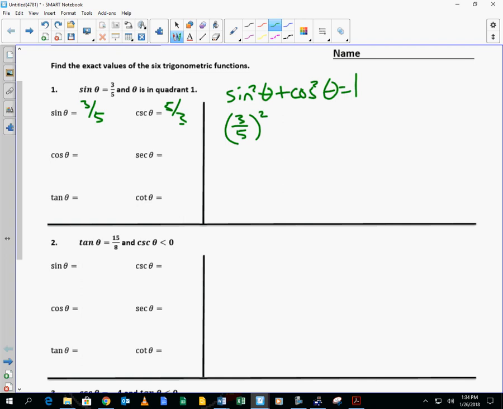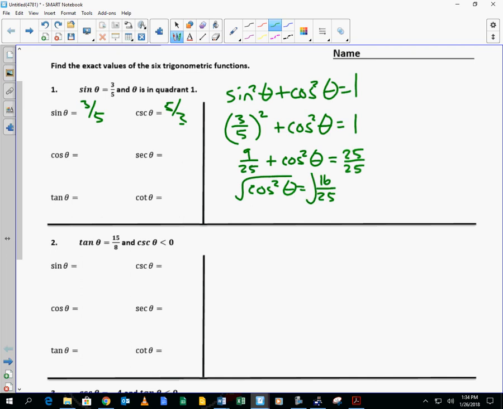Okay, 3/5 is taking the place of sine, plus cosine squared of theta is equal to 1. What is 3/5 squared? 9/25 plus cosine squared is equal to, let's see, 1 is the same as 25/25, right? Now what? Subtract, and I get cosine squared is equal to 16/25. Oh, she's close.